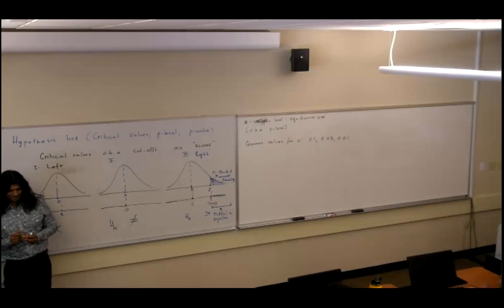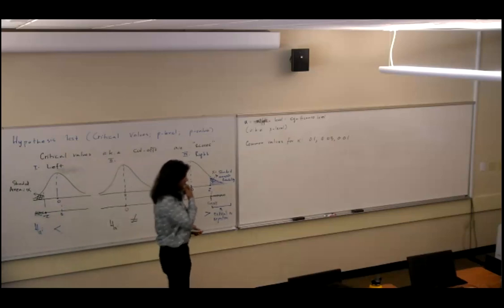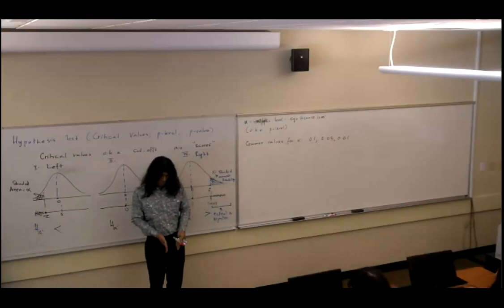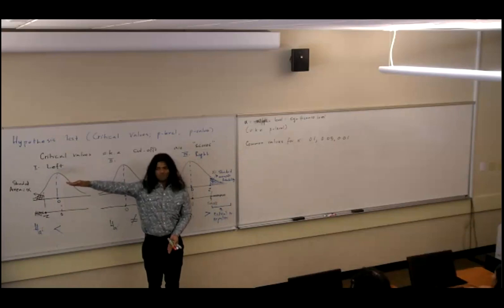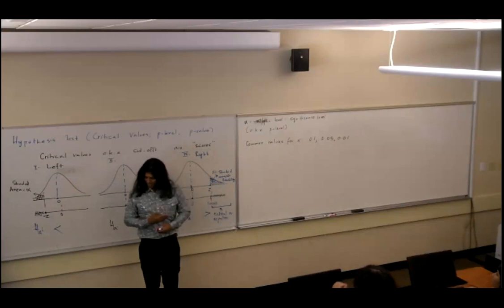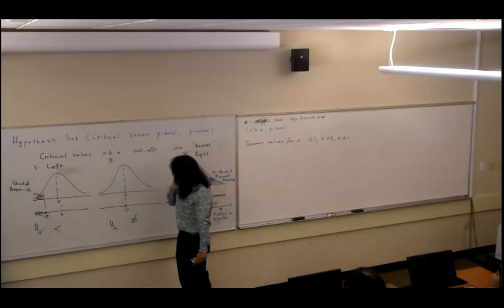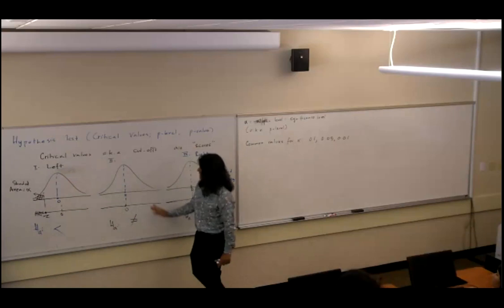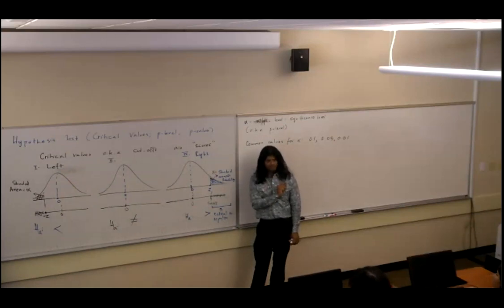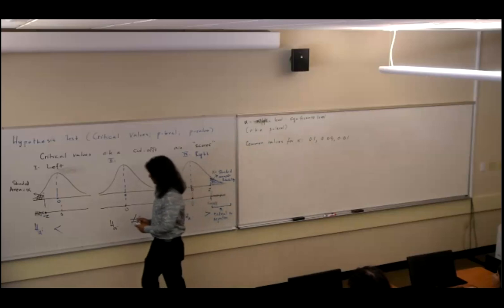Because it is not equal to, and I can support that case. If this is the center, and I go too far to the left, not equal to null. Too far to the right, not equal to null. So regardless of the direction, I will reject the null if I went far away. So the rejection region has to be on both sides. Do you agree? So one on this side, one on that side.